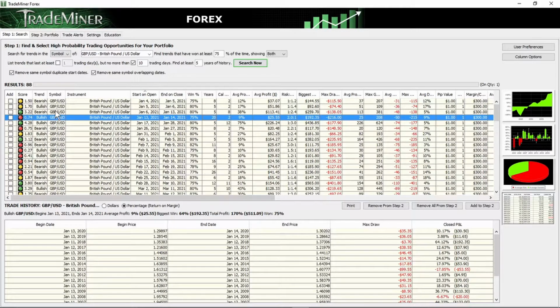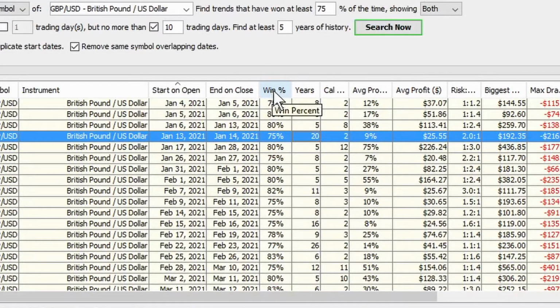So you see the green, the yellow, and the red, and so far it's not performing as I had wanted it to, because as you can see, it has this win percentage over here that tells you the number over the course of 5 years on this one.